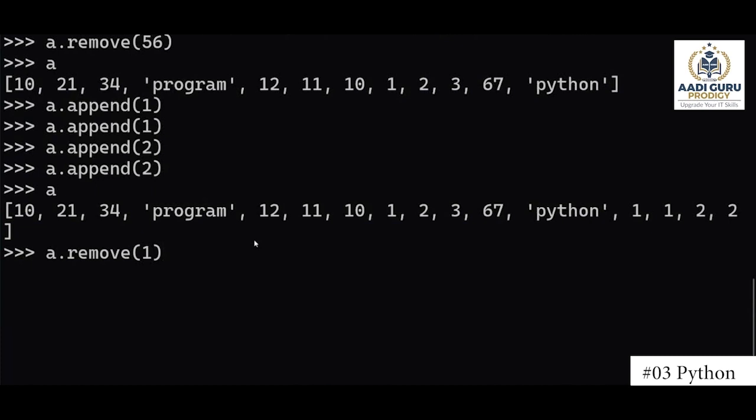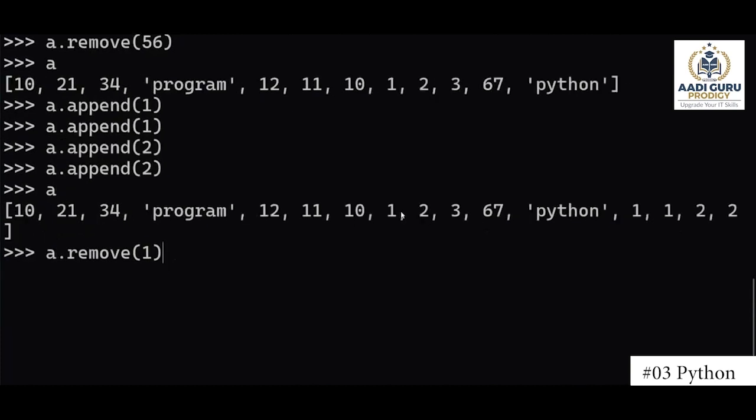The first one. Yes, the first one will be removed. But if I want to remove the last one, it will be difficult, right? So the remove operation always takes the first occurrence.